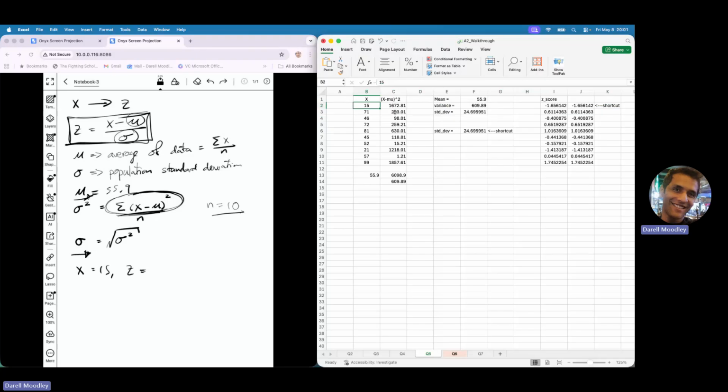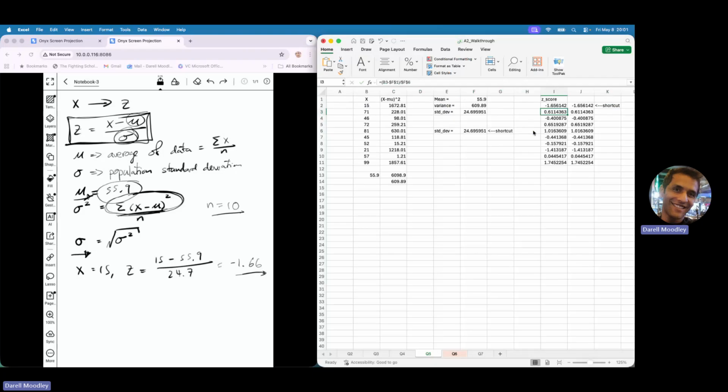It's going to be the x value, which is 15, minus the mean, which is 55.9, all over your sigma, which is 24.6. Let's make it 24.7. And whatever value I get here, it's minus 1.65. Let's make it minus 1.66. That's my first z value.